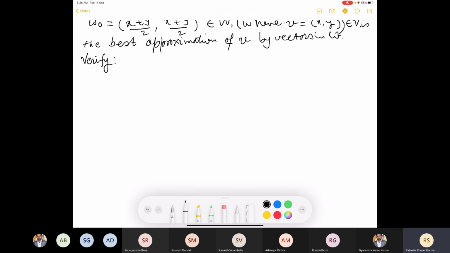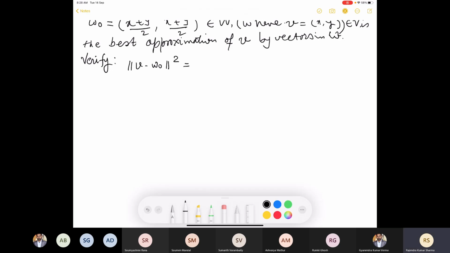So to verify, what do we have to see? What is the norm of v minus w naught? What we want to see is that this should be less than or equal to the norm of v minus w for every w in w. So we shall look at the squares.